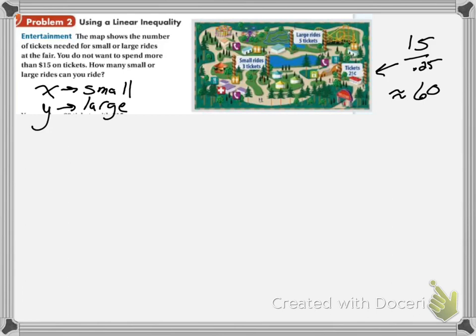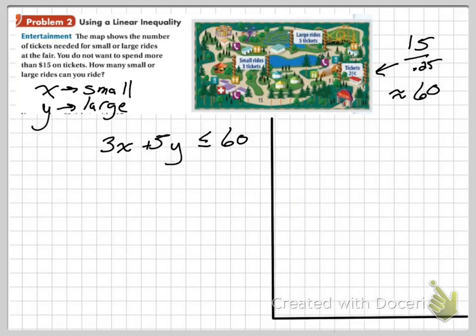So what is my equation going to be? Well, if it takes 3 tickets to ride a small ride and 5 tickets to ride a large ride, it's got to be less than or equal to 60 tickets. Now, when you're looking at this equation, what I put was just the first quadrant because you're obviously not going to have negative amounts of tickets sold.